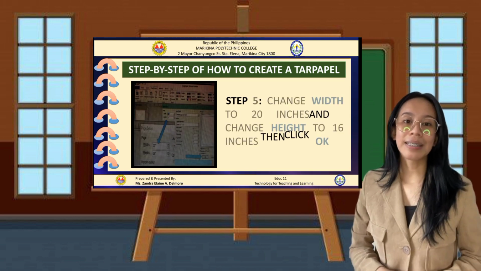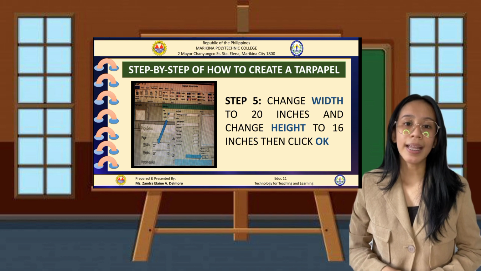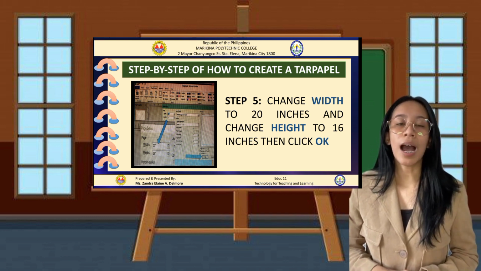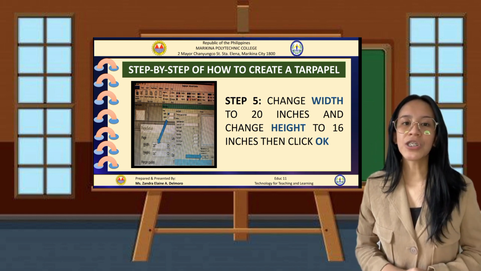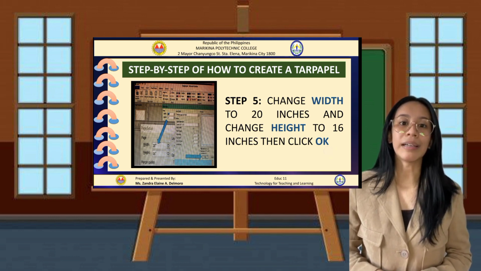In the page setup, you will see the page size in width and height. Let's say we change the width to 20 inches and change the height to 16 inches. Then click OK.